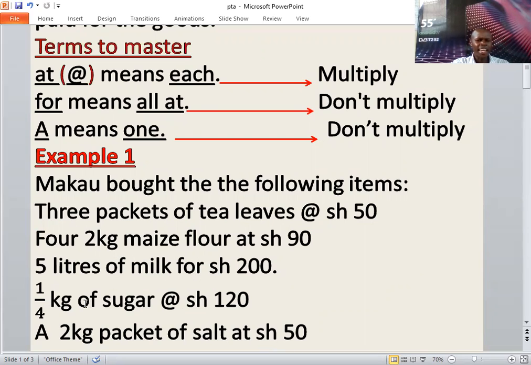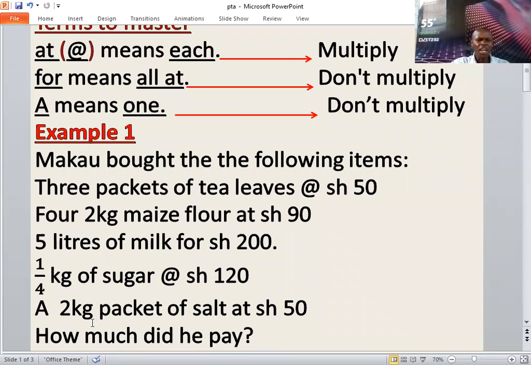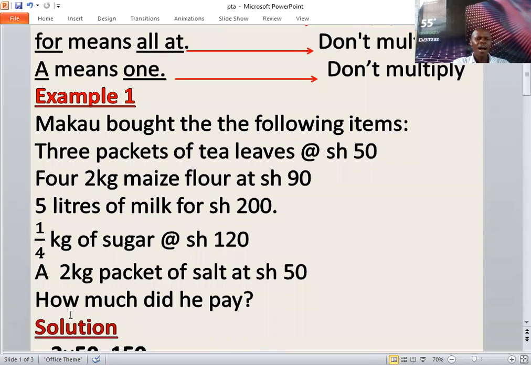A quarter kilogram of sugar at 120 shillings. A 2 kilogram packet of salt at 50 shillings. Now, the question is, how much did he pay?